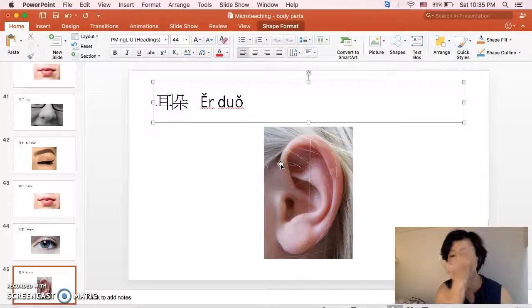So I would provide maybe a blank face, and then as I say eyes, the student can draw out the eyes, and then I say nose, draw out the nose, and this provides some hands-on engagement as a teacher is testing for understanding of the concept. So I thought that was a very good comment.